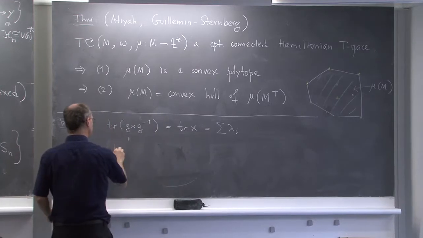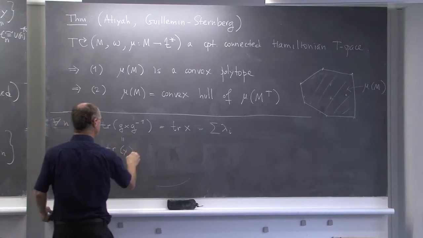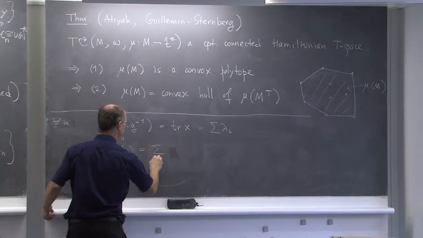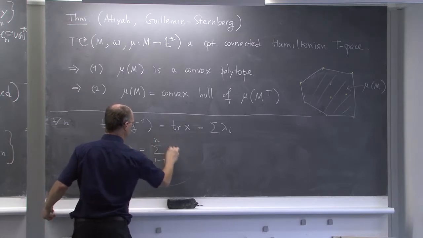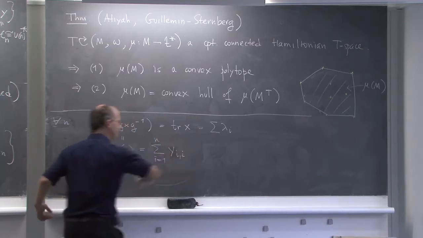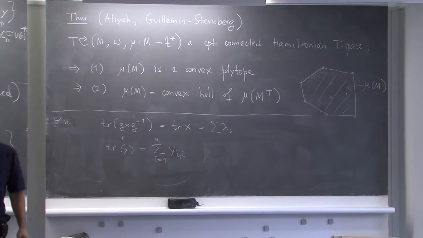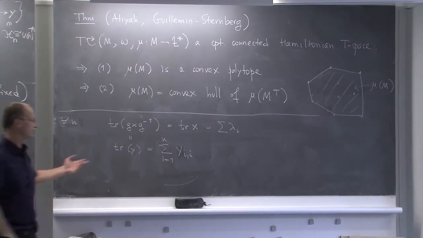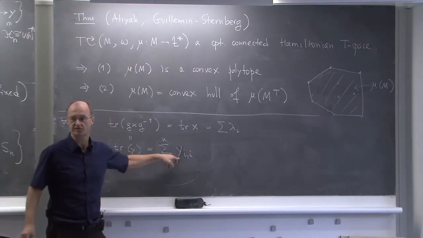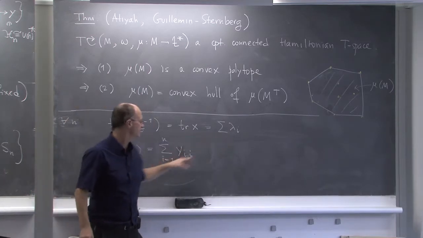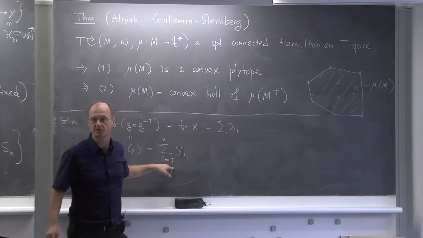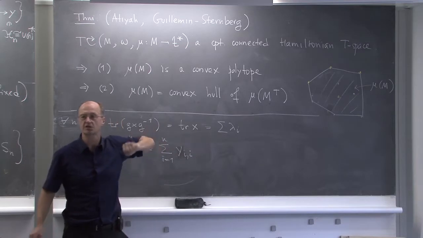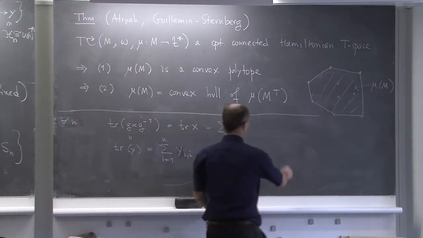On the other hand, this is equal to the trace of y, and this is equal to the sum from 1 to n of diagonal elements. So this means that the image, whatever it is, lies in this hyperplane. So it cannot be away from this hyperplane.